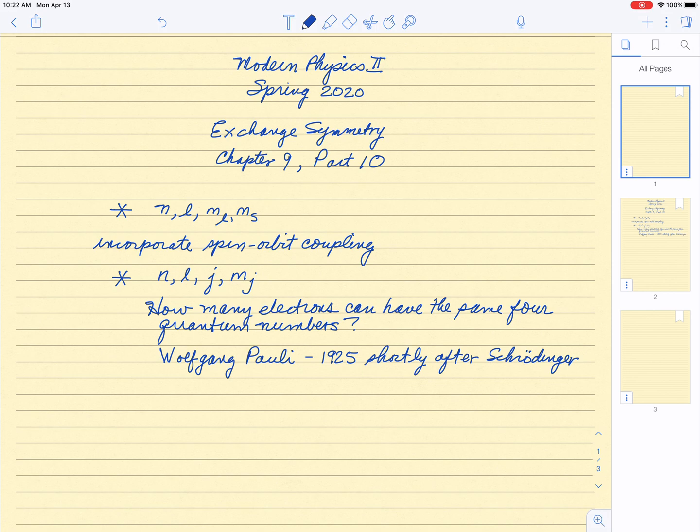So things happened really quickly after 1925. Things were happening quickly between 1900 and 1925, but there was an avalanche of physics occurring after Schrödinger and Heisenberg worked on their quantum mechanics. So we have then from Pauli, the Pauli exclusion principle.